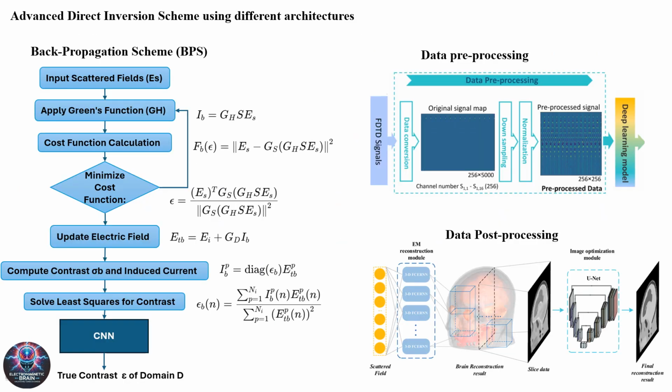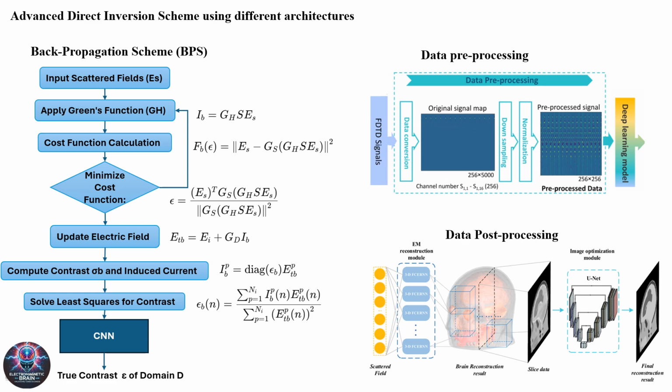Since the convolutional neural network, CNN, directly maps the input data, scattered electromagnetic fields, to the output, permittivity profiles, there is no need for the iterative, computationally intensive processes often required in solving inverse problems. This makes direct inversion scheme, DIS, particularly valuable for real-time applications, such as emergency brain imaging during critical medical events like strokes, where rapid diagnosis is crucial.